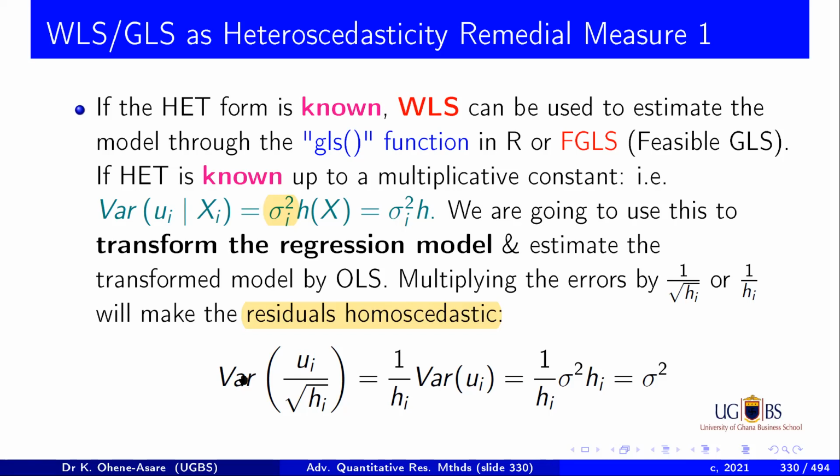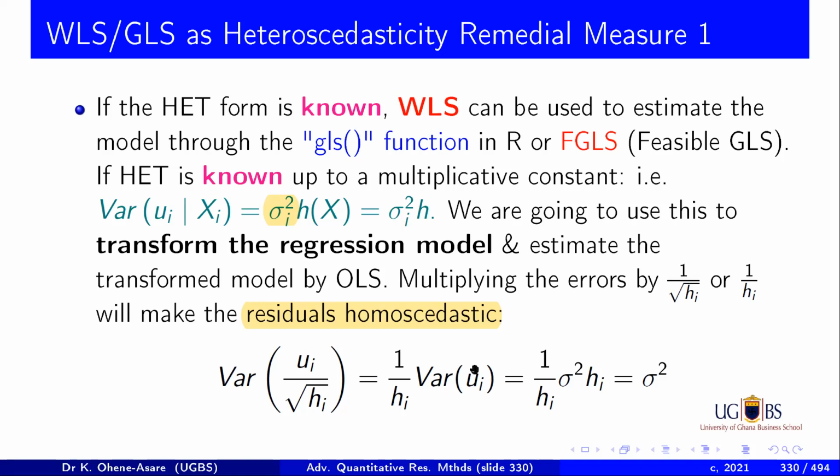If you take the variance of this over that, you can fish out, if you multiply through, 1 over h_i multiplying the variance of u.